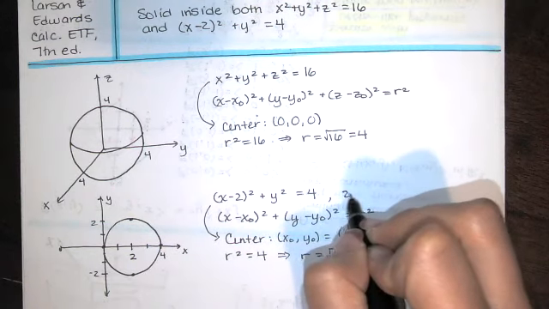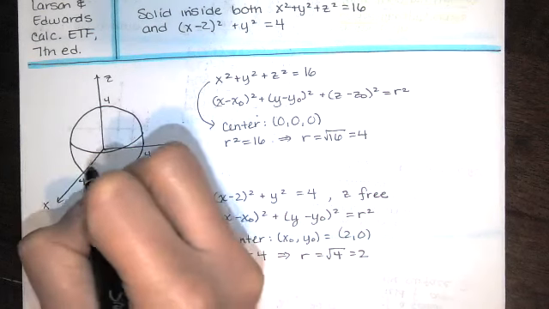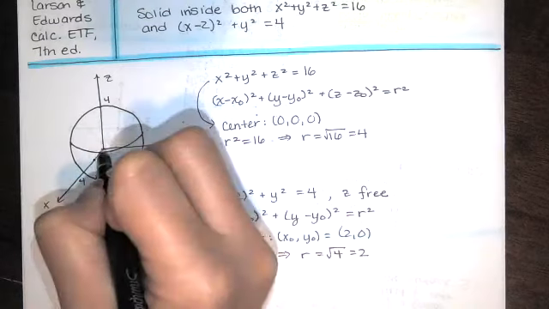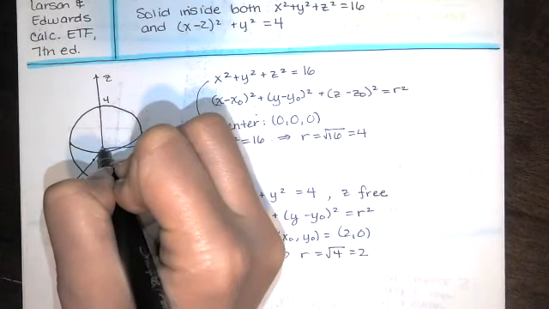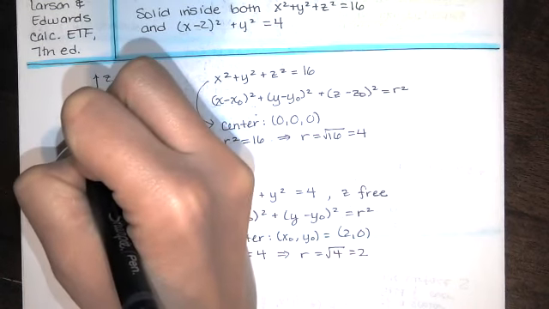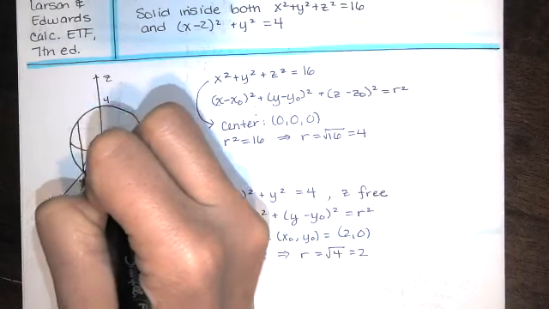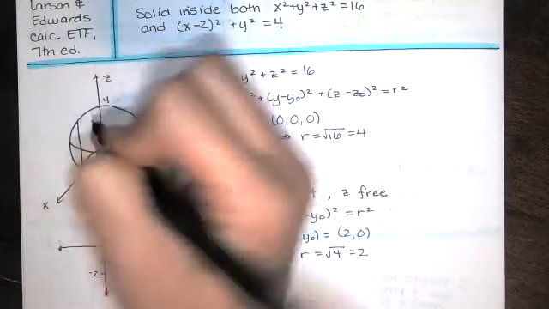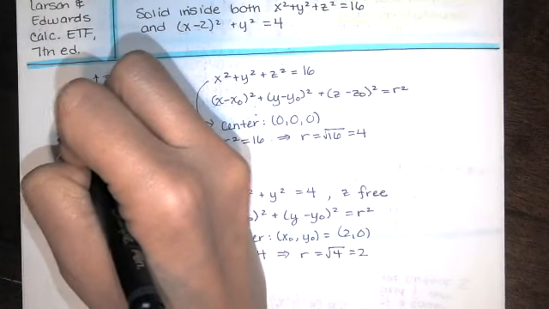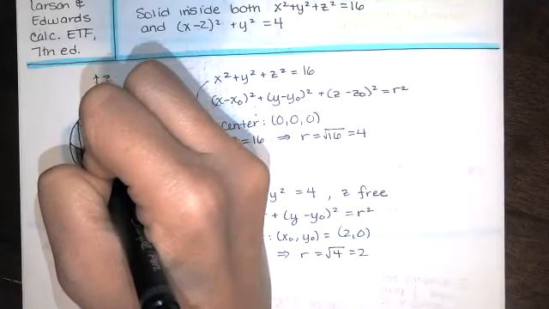But Z is free to be anything. So if Z is free to be anything, what we would see over here is this. We would have a circle down here in the XY plane, and then that would come up to the sphere and intersect at something like that. It's very difficult for me to draw.